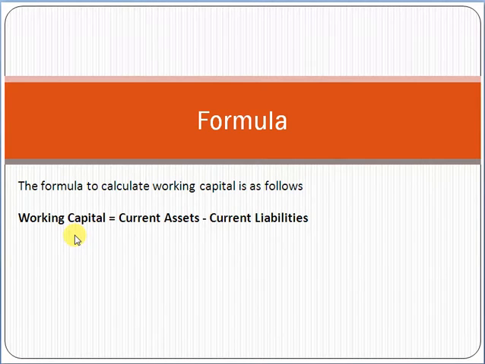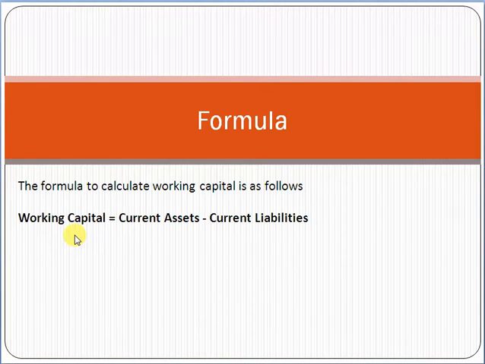Remember one thing, you can't say that the total asset is your working capital. This is not true. You have to subtract the liabilities. Liabilities mean anything which you have to give to someone, for example a loan, a rent, or credit card amounts. All these sorts of things are liabilities. So you have to subtract the liabilities from the asset amount, then the working capital comes.